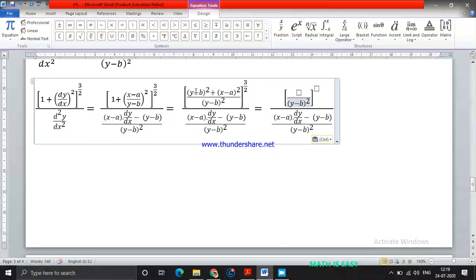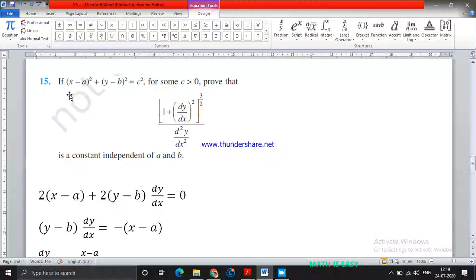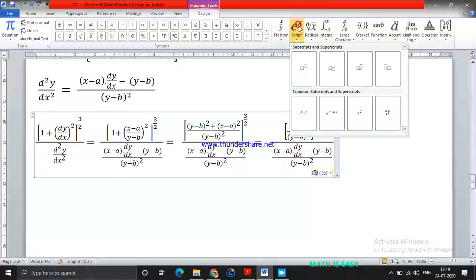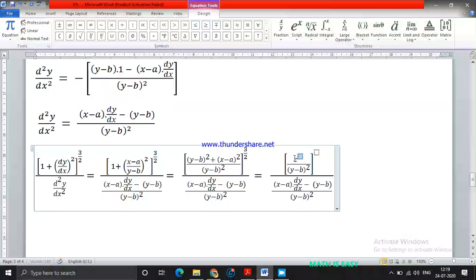Now look here, y minus b whole square plus x minus a whole square is nothing but c square. That is what the given question gives. So y minus b whole square plus x minus a whole square equals c square. So in place here, I'll put the value c square, by the given equation, whole square.